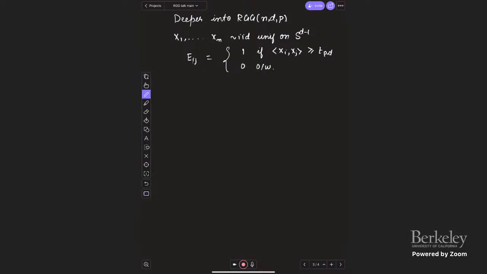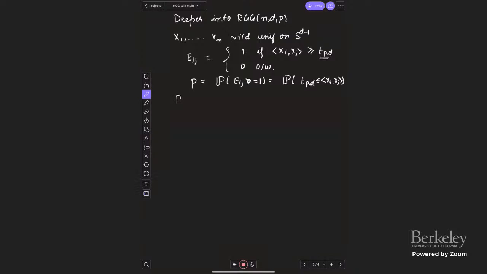Now, as I just mentioned, t_{p,d} is set such that p is equal to the probability that E_ij equals 1, which is equal to the probability that t_{p,d} is less than or equal to <xi, xj>.